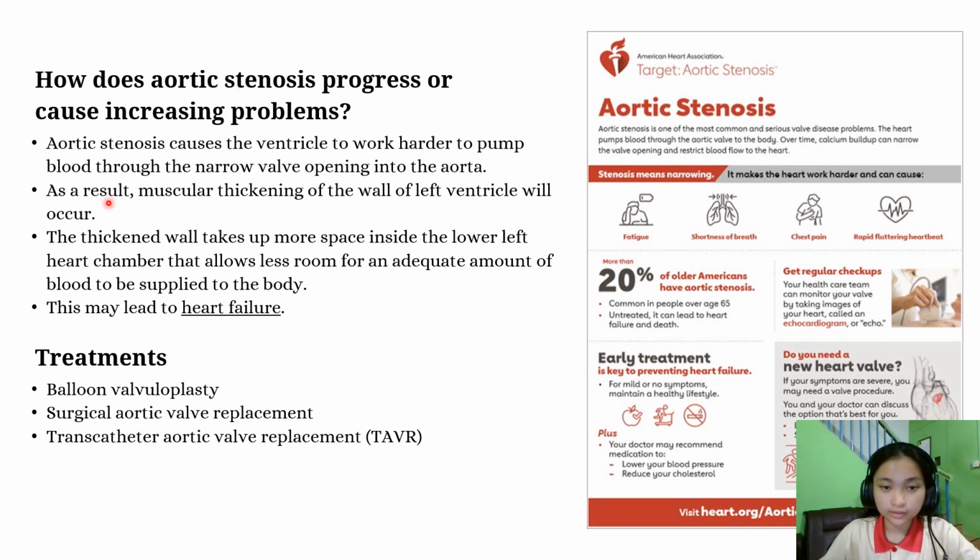As a result, the wall of the left ventricle will become thicker and thicker over time. This thickened wall will then take up more space inside the lower left heart chamber. This allows less room for an adequate amount of blood to be supplied to the body. Thus, this may lead to heart failure.